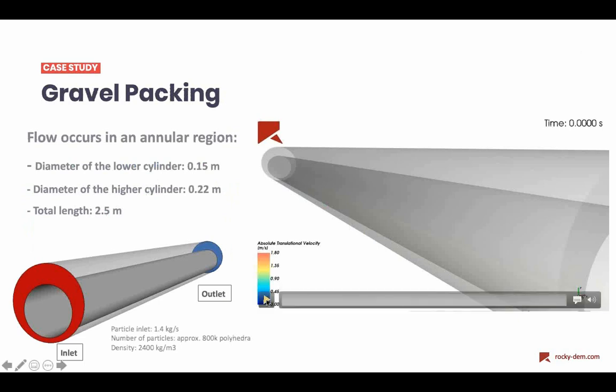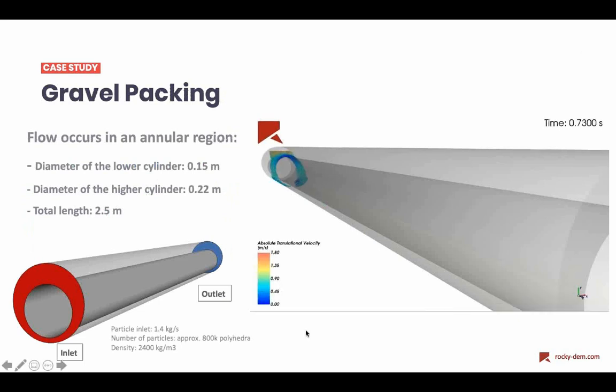Another interesting application that we can see here is with regards to the particle transportation. So let me say that I have a cavity here within the oil and gas industry, for example. I have to fill up an annular region with particles. And this is a liquid particle transportation system.